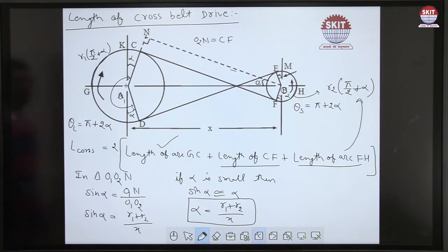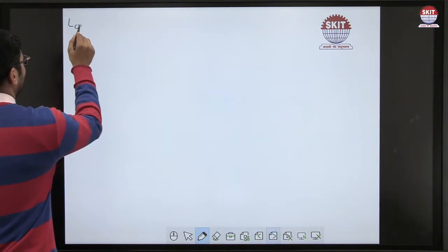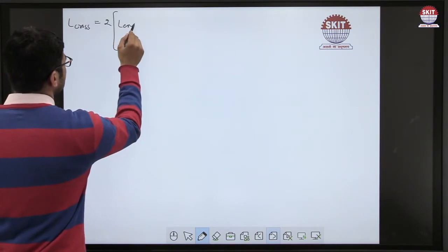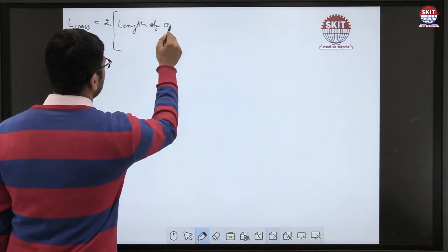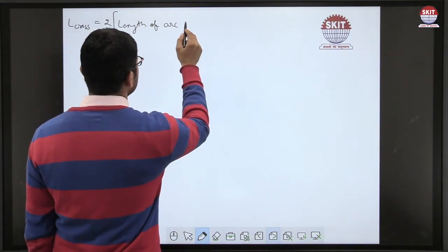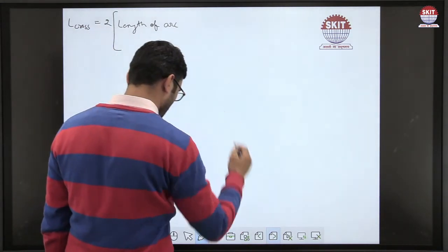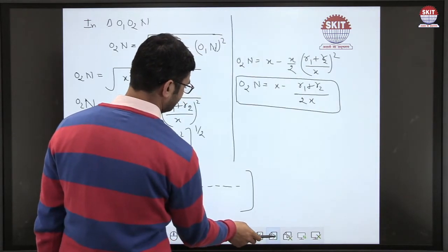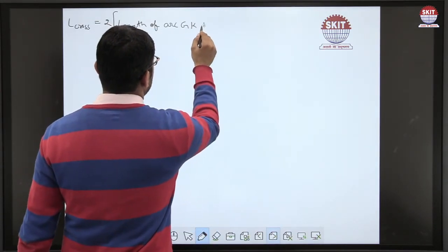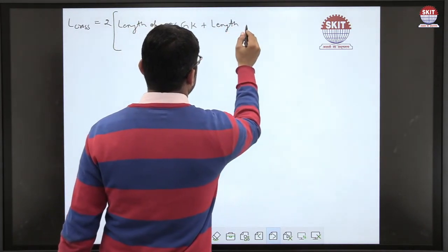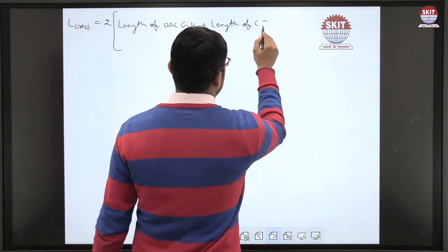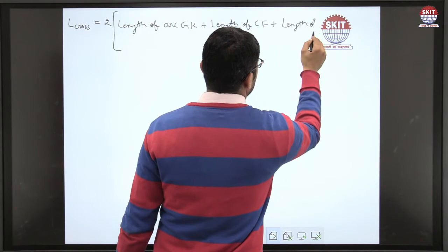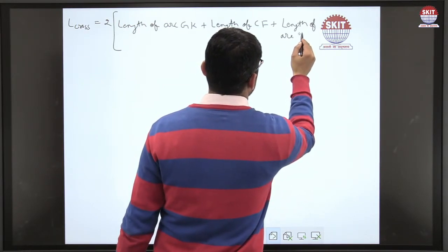The length L cross equals 2 times the length of arc GK plus the length of CF plus the length of arc FH.